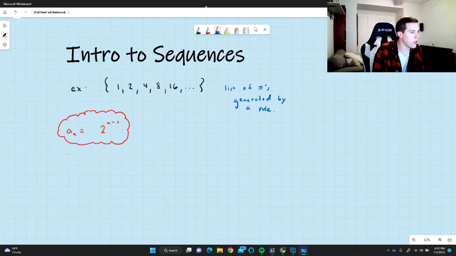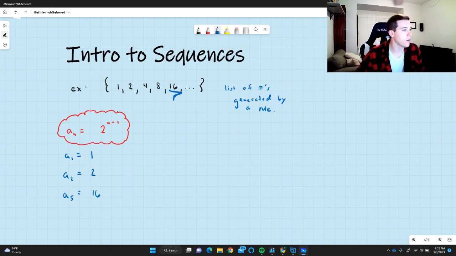If I plugged in 1, you get 2 to the 1 minus 1, which is 0. 2 to the 0 is 1, which generates the first term of the sequence. If you plug in 2, you get 2 to the first, which is 2. If you plugged in 5, you get 2 to the fourth, which is 16. That would give you the fifth term of the sequence, which is 16.